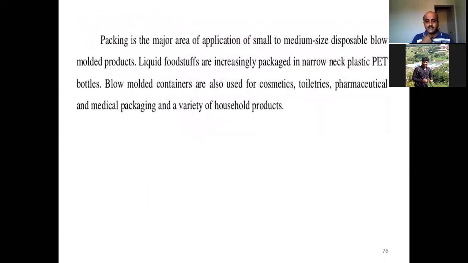When you come to the examples, packaging is the major area of application of small to medium sized disposable blow molded products. Liquid foodstuffs are increasingly packaged in narrow neck plastic PET bottles. Blow molded containers are also used for cosmetics, toiletries, pharmaceutical and medical packaging, and a variety of household products.